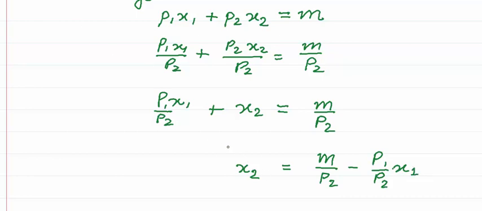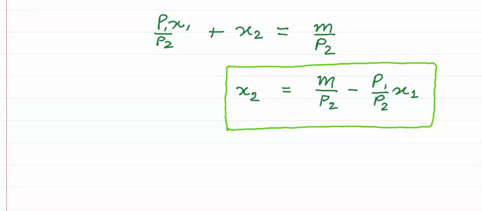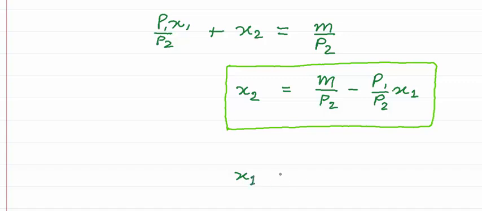From here, we came to know that the consumer consumes x2 quantity of good 2, which can be calculated with the help of this equation. Similarly, we can calculate x1, or the quantity of good 1 that has been consumed by the consumer, as M by P1 minus P2 by P1 times x2.